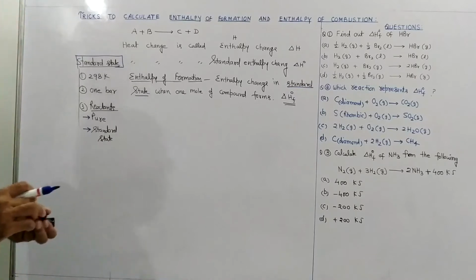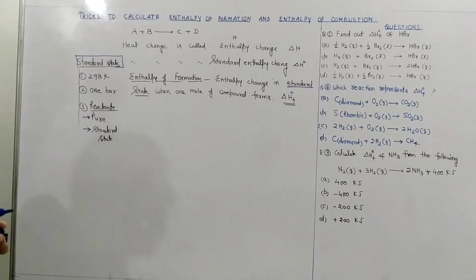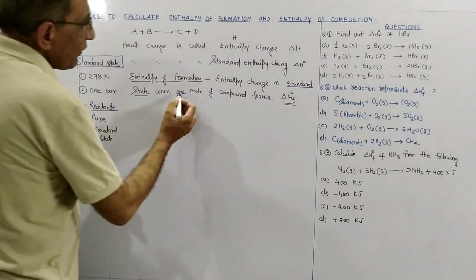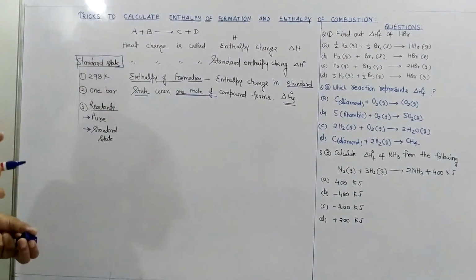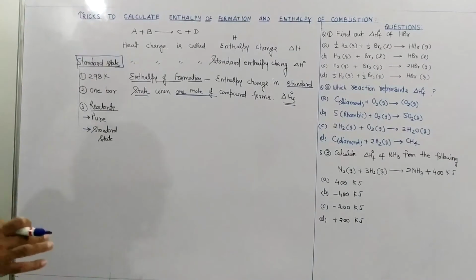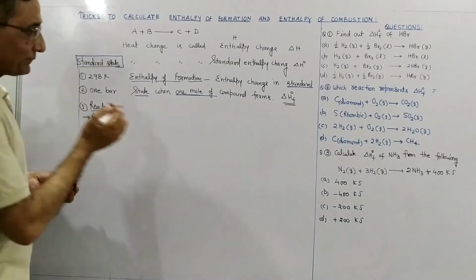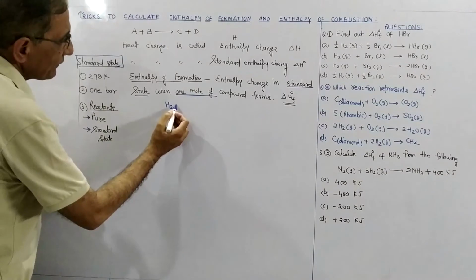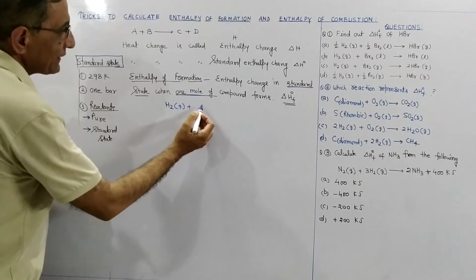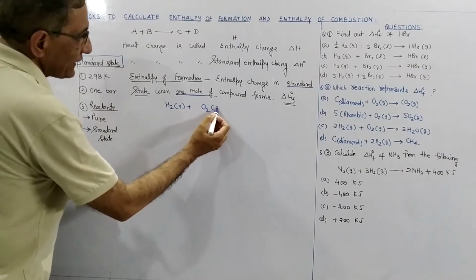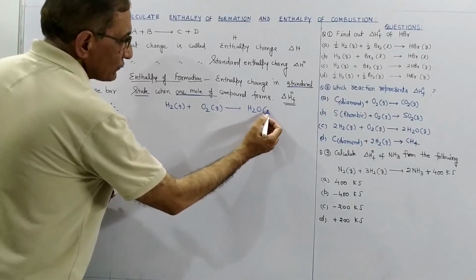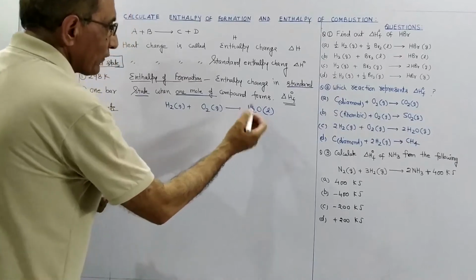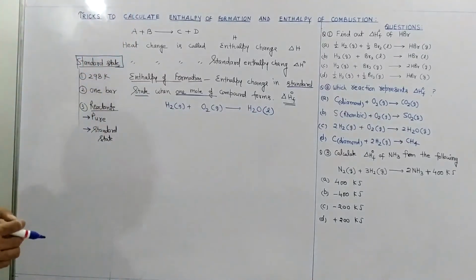So standard enthalpy of formation means when 1 mole of compound forms, it is always represented for 1 mole of compound. We will take one example. If hydrogen gas reacts with oxygen gas to form H2O, here H2O will be liquid because at room temperature water is liquid.